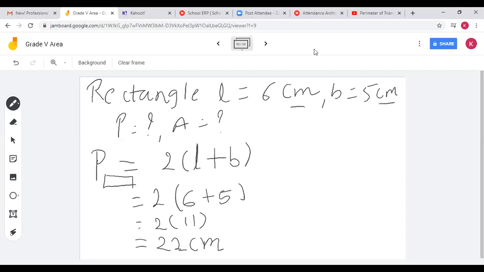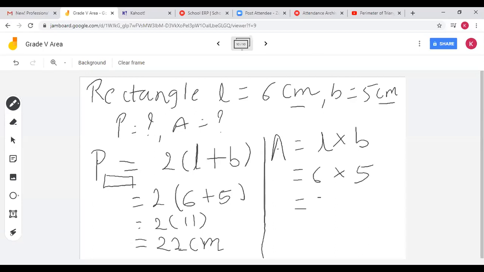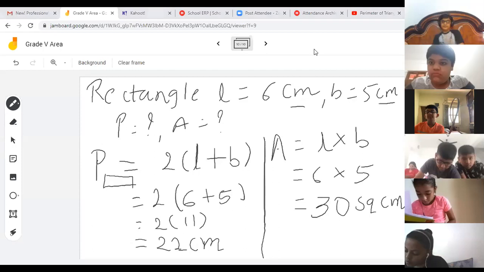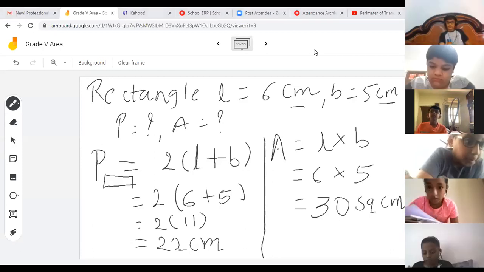And area of a rectangle is equal to length into breadth. So 6 into 5, 6 fives are 30, and centimeter into centimeter is written as square centimeter, right? This you have studied in 4th standard.